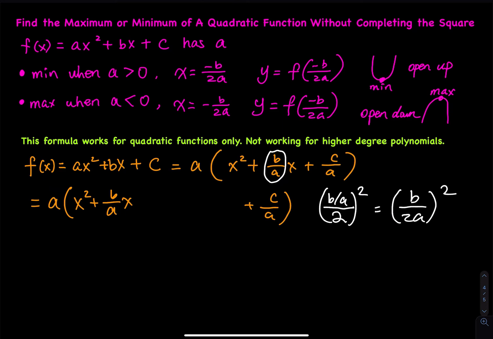And then you add and subtract this extra quantity. Once you add this quantity in, b over 2a squared, you change the entire function, right? To let the function remain unchanged, you have to subtract the same quantity. All right, and then now let's take the c over a out. To bring the c over a out, actually we have to bring two pieces.